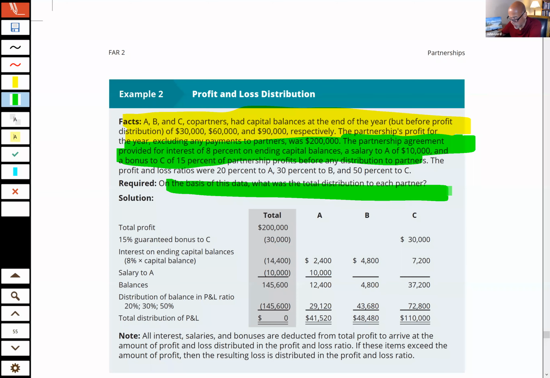Okay, so what happens? Well, follow directions. Total profit is what? 200,000, but C gets their bonus off the top. Then we have to sit here and do what? Then we have to sit here and pay the 8% of the capital balances. So if they tell me, for example, and I'm not gonna do all three of them, I'm gonna do the easy one, or at least it was easy to me when I looked at it.